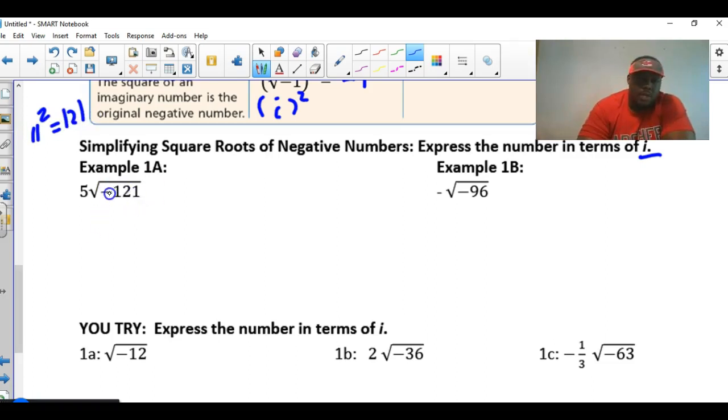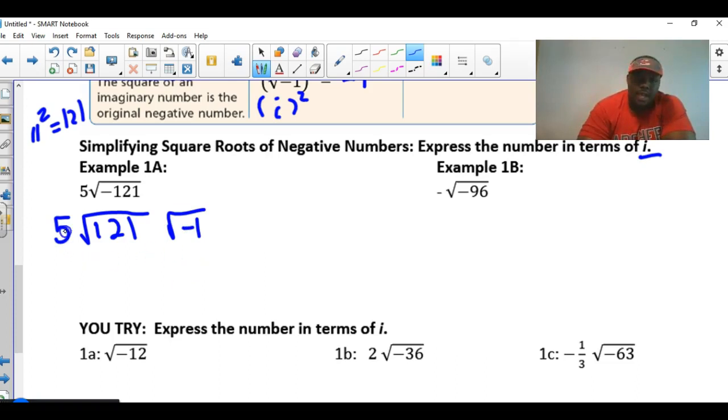So what I'm going to do is write down all my factors here. Okay, I'm going to factor like we did up here with the square root of 4 and the square root of 2. I'm going to factor this -121. So I have 5, which is from here, and I'm going to factor the square root of -121 into its positive 121, so it's no longer negative, and the -1.